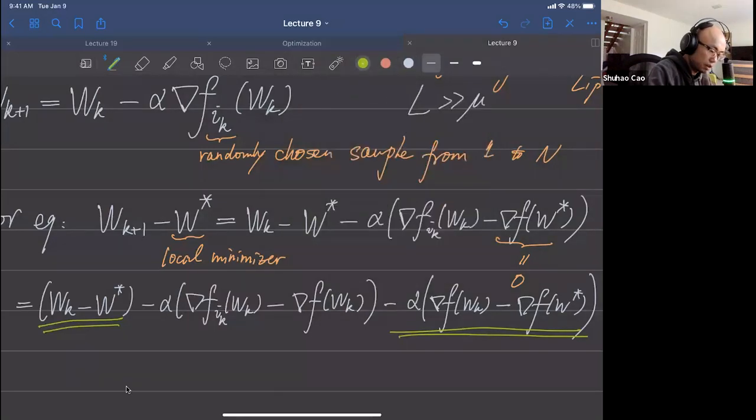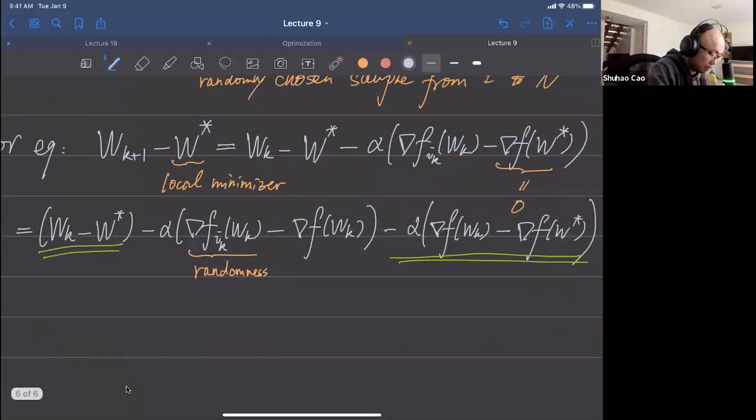There is randomness in this term because we randomly choose a sample, but there is no randomness in these two terms, and we can proceed as last time.